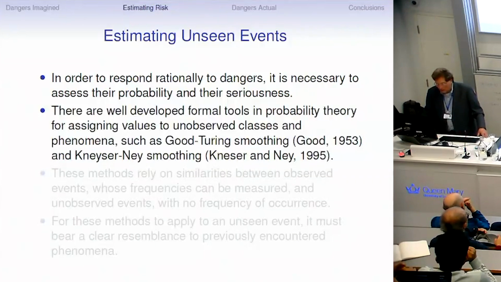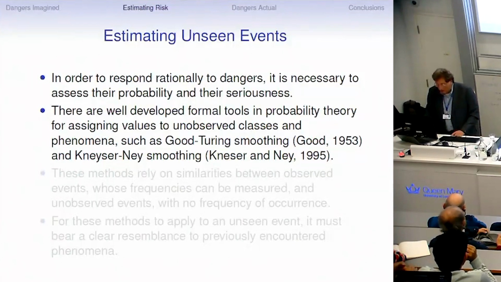And there are well-developed formal tools in probability theory for assigning likelihood to unobserved classes of phenomena. One is Good-Turing smoothing, which we talked about last time, from '53, and another more contemporary smoothing technique for assigning likelihood to non-observed events, things that don't appear in a corpus, is from Kneser and Ney. These are all ways of saying, there is a class of events that we haven't seen.